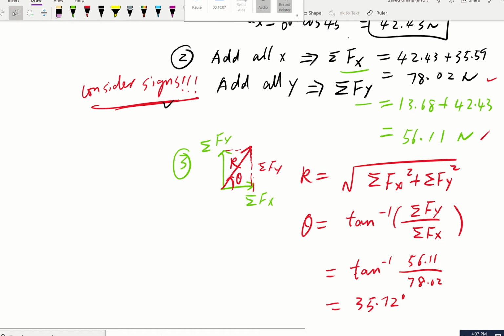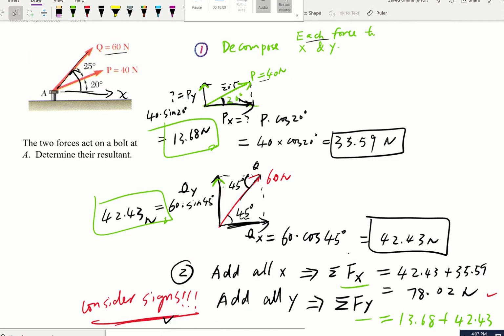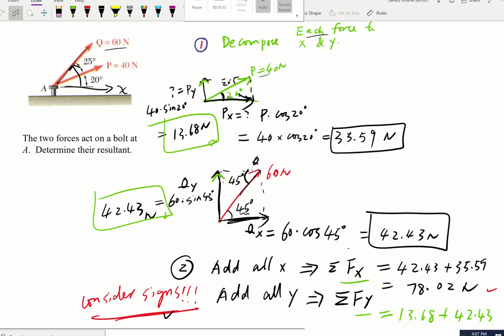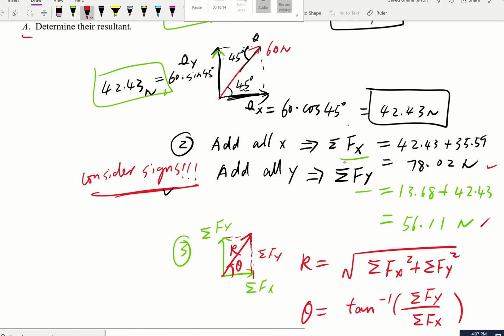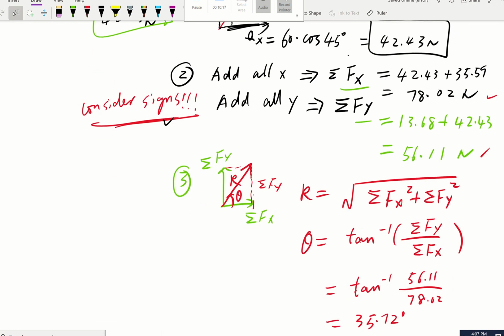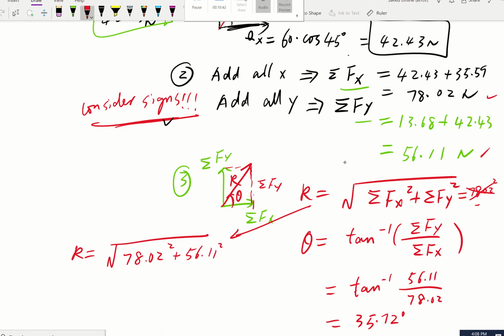What's our answer for this resultant, the 2D resultant of this P and Q applied at this bolt A? Resultant is this. Oh, we didn't calculate the resultant. Sorry, let's go back to solve that. Going back to this pathogram, this R is going to be the square root of 78.02 squared plus 56.11 squared.